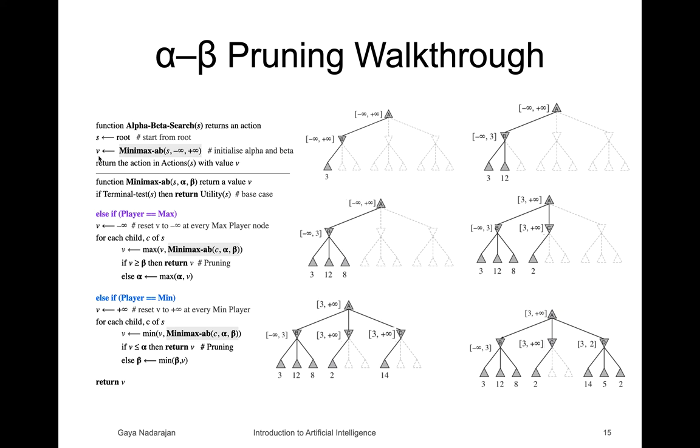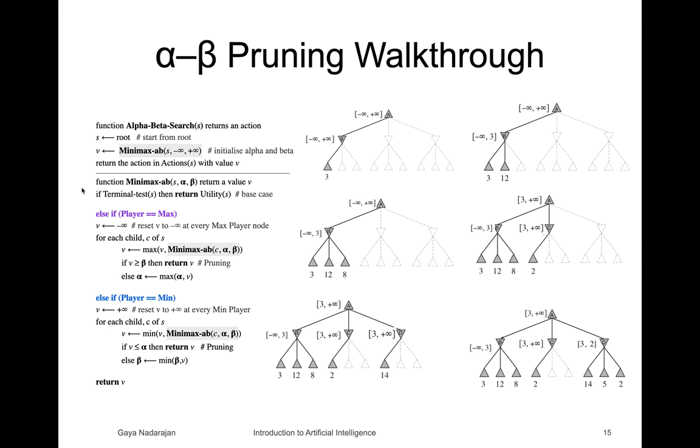And then we're going to return a value because minimax AB or alpha beta pruning should return a value, and that's going to be our V. So we start off with the root node, and we call it passing the root node and the initial values for alpha and beta. Remember we said alpha gets minus infinity and beta gets plus infinity. So those values are passed at the first call.